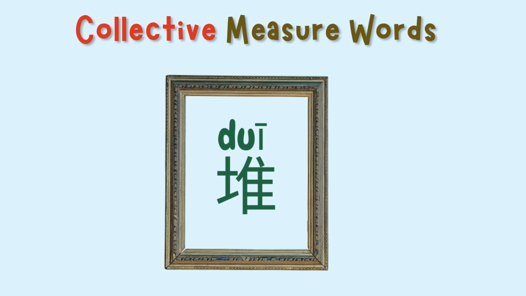It is often used for objects that are not easily countable or are irregular in shape, such as piles of sand, rocks, or clothes. In addition, 堆 can also be used figuratively to describe a large quantity or a chaotic situation, as in 一堆问题, a heap of problems, 一堆烦恼, a pile of troubles, 一堆人, a crowd.